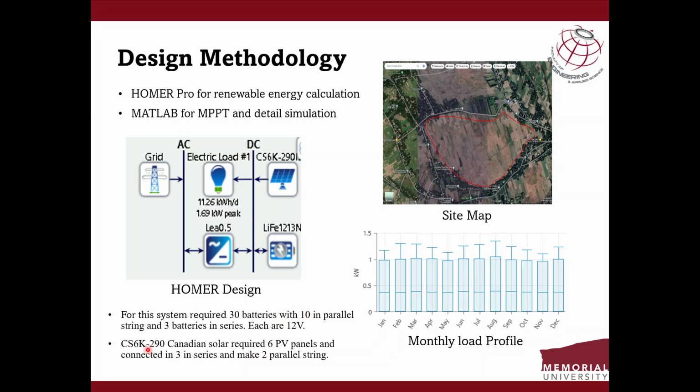For the solar panel, we use a 290 watt PV panel. We need six panels, so we will connect two panels in string and three panels in series to match the bus voltage for the system. This is the HOMER design and suggestion. We get the idea about our batteries, how many panels we need, and how we combine the panels.